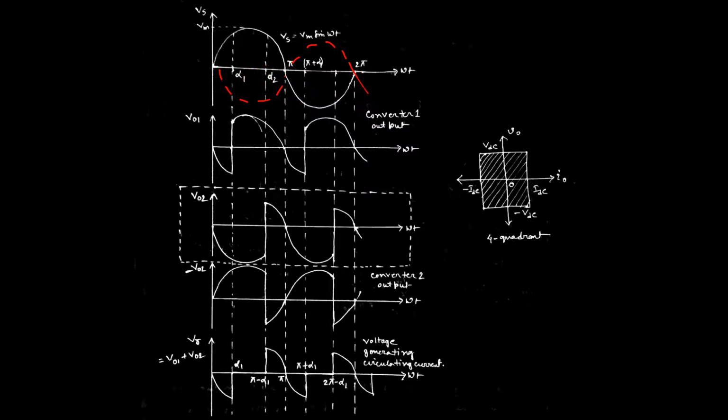That is why the total output voltage for converter 2 is this one. After that, it starts conducting again until we apply the next triggering pulse for the next half cycle. That can be reflected from this pattern also, and we can draw the total output voltage from converter 2 from this dotted line.